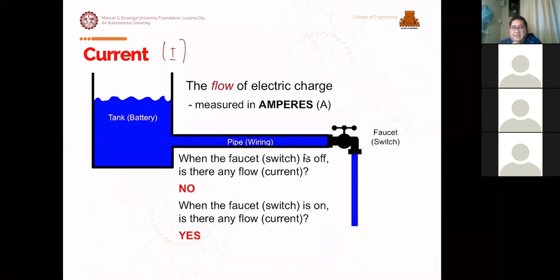Let's say a tank with a connected pipe, and a faucet at the end, and we let the water flow. In comparing with this visualization, current is the flow. It describes the flow of electric charge throughout our whole system. In our circuit, current is the flow of electric charge.